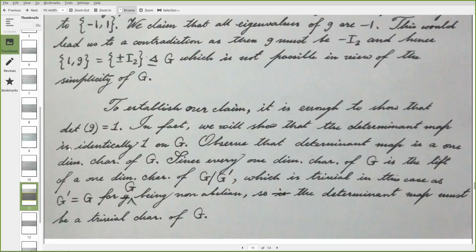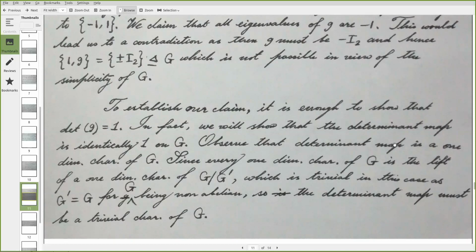Now, in order to show that the determinant is 1, let's observe that the determinant, which is a map from G to C star, is actually a one-dimensional character of the group G, because something is a one-dimensional character if and only if it is a homomorphism from G to C star.